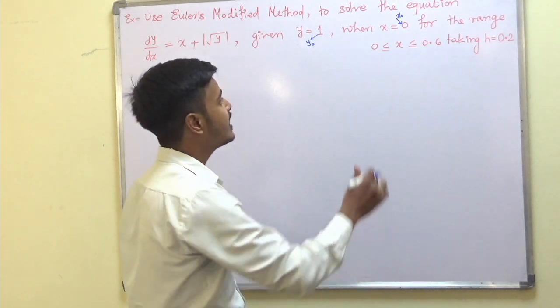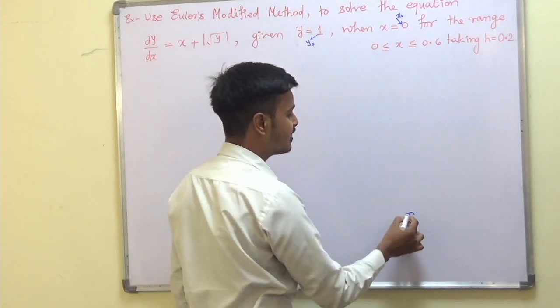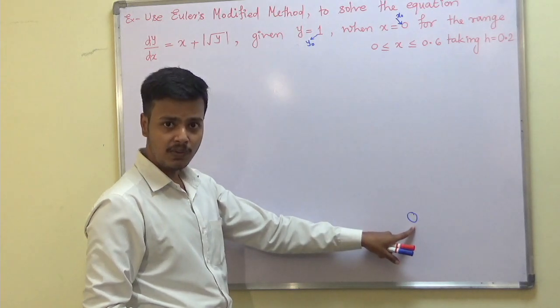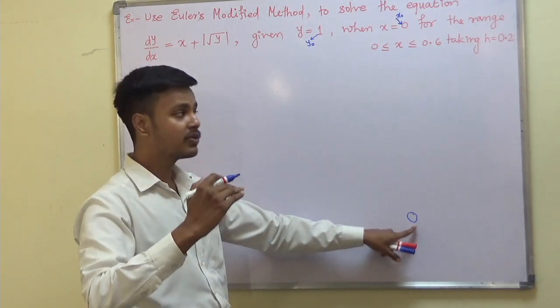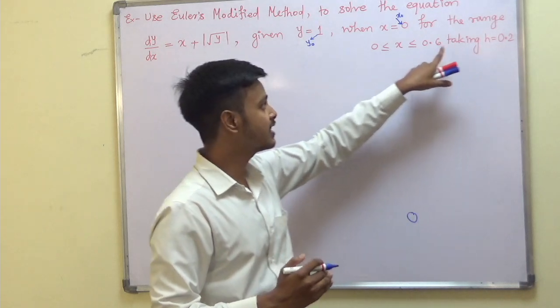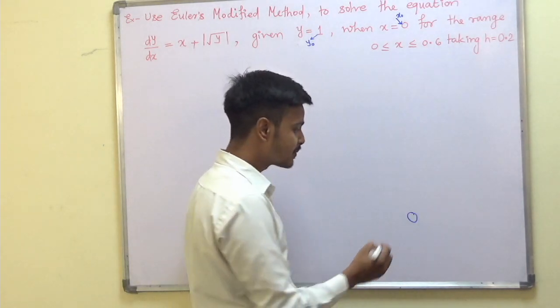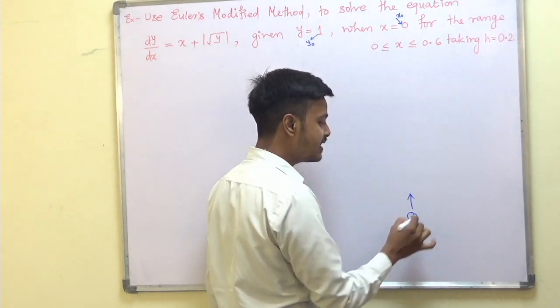Initially I am at 0. Now I have to take a step size of 0.2 to reach 0.6. How many steps are required?